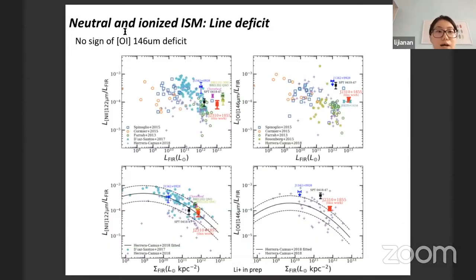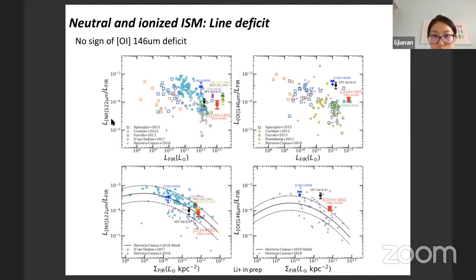Then I will introduce the neutral and ionized ISM observations. There are many observations of the nitrogen-2 122 micron line and also the oxygen-1 63 micron and oxygen-3 88 micron lines, which probe the neutral gas and the ionized gas. The y-axis is the line to far infrared ratio, and the x-axis is the far infrared luminosity for these two panels and the far infrared surface brightness for these lower two panels.